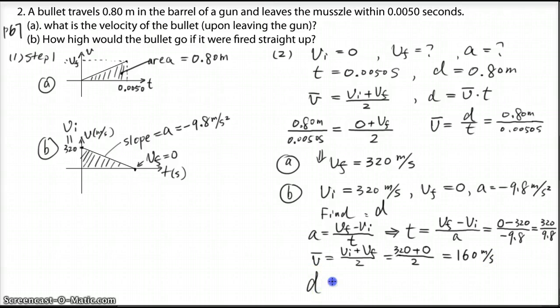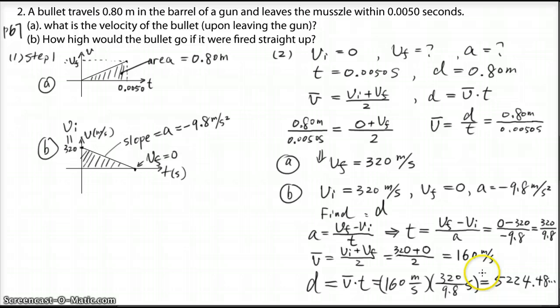Now we are ready to find D. D equals average velocity times time, so times these two numbers together: 160 meters per second times 320 over 9.8 seconds. On your calculator you should get 5224.48 and so on.